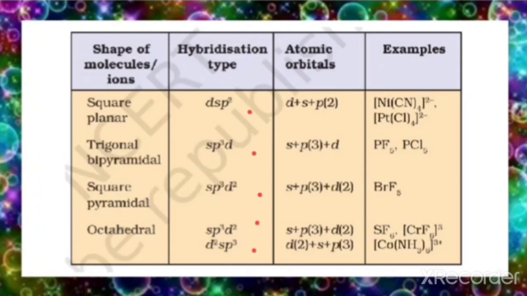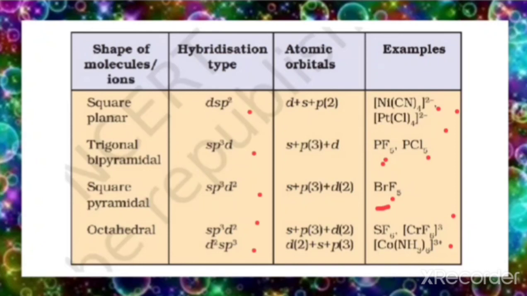Examples of these are coordination complexes. In these examples there is a hybridization in which there is an involvement of d orbitals also. These examples will be discussed next year in the chapter on coordination complexes in 12th standard. So all of you try these examples also.